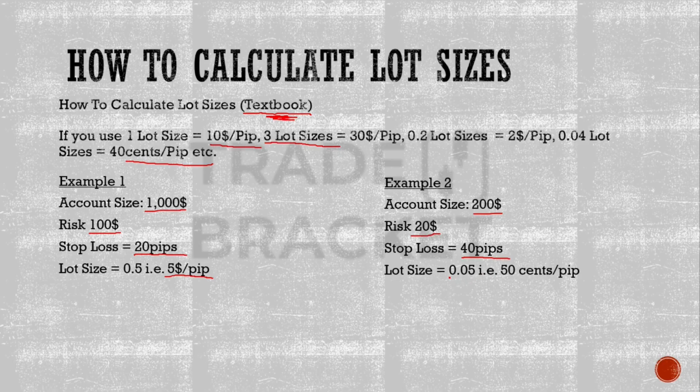You will use a 0.05 lot size, because a 0.05 lot size will translate to 50 cents per pip. So 50 cents times 40 will give you $20. So like I said, if this trade hits your stop loss, you will lose only $20, the desired risk you're willing to lose on a trade.